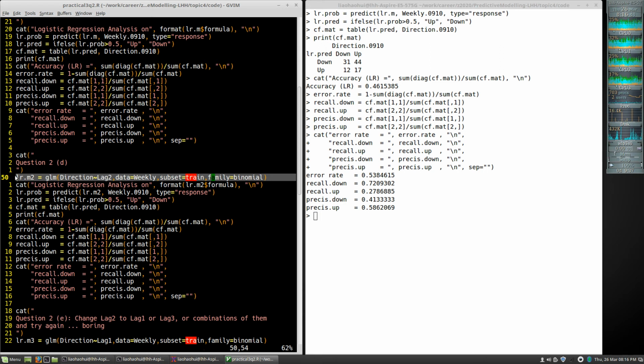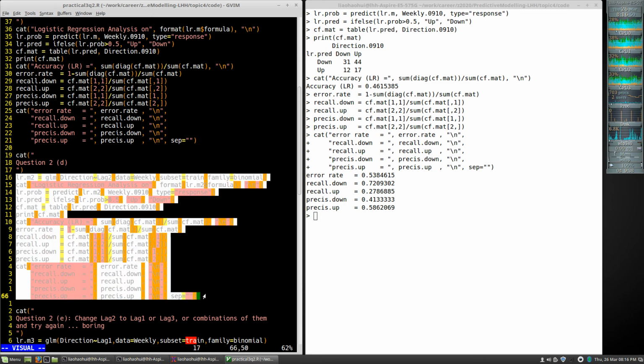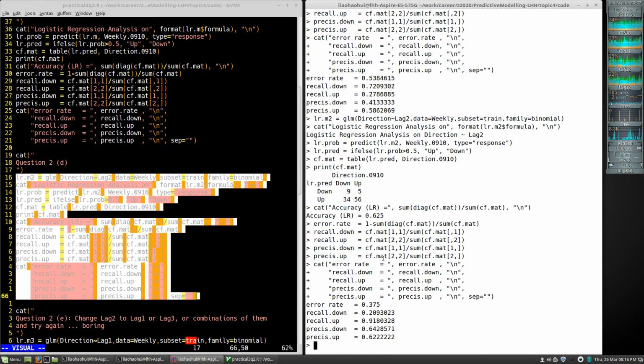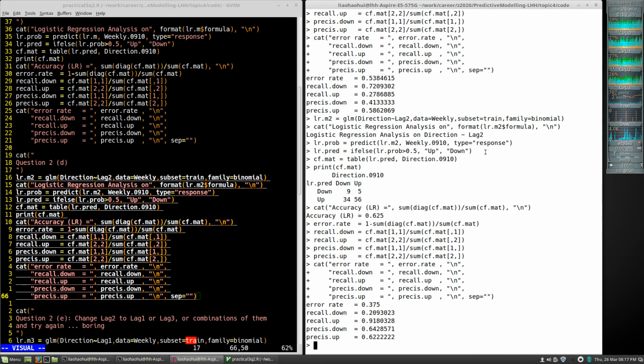The code is more or less the same, and I just rename the model from LR.M to LR.M2. As we can see, this is the logistic regression of Direction against Lag 2, and all these formulas are the same.